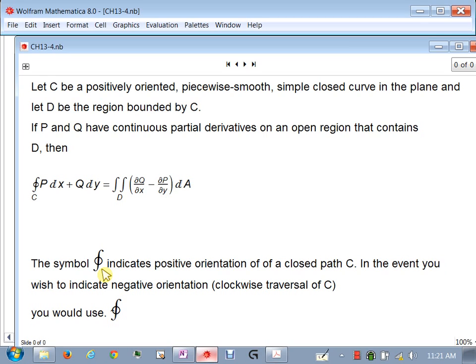It's closed, and it's positively oriented, meaning that you're going counterclockwise. If for some reason you need to change the path's orientation, you need to go clockwise instead, that would be referred to as negative orientation, and you have to let someone know that you're going the other direction. So what you do is you draw the integral sign, but you draw a little arrow. So that means you're going positive.